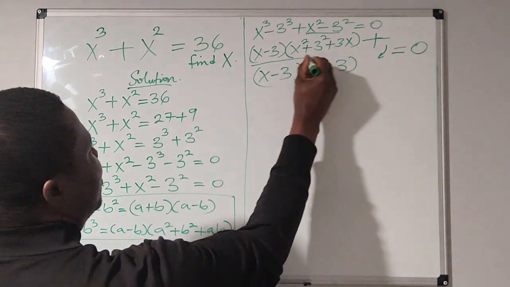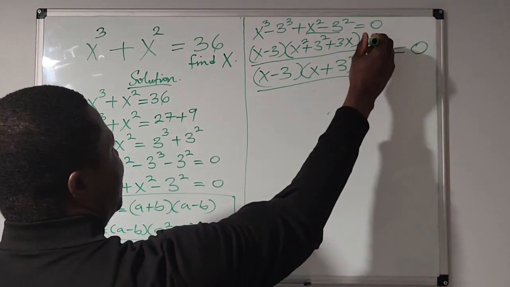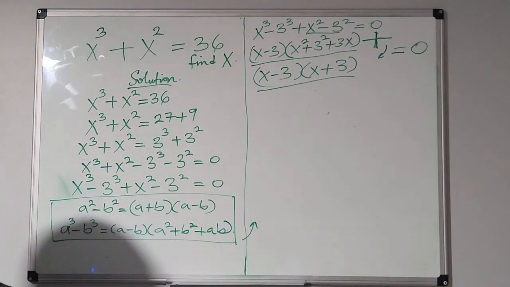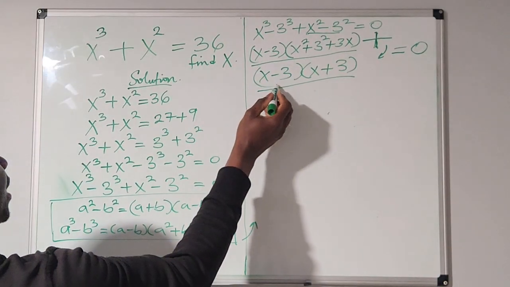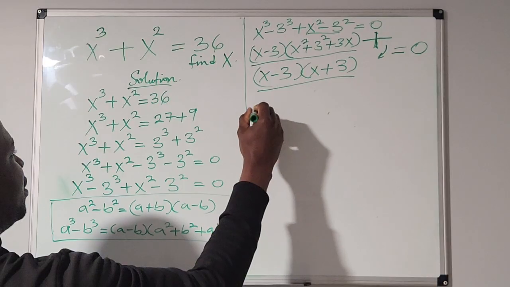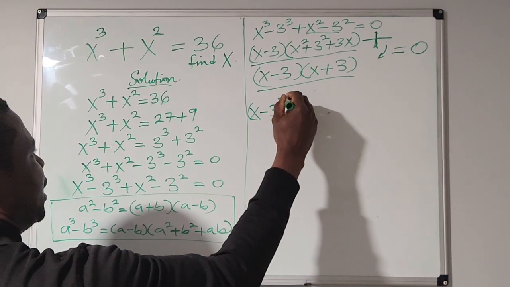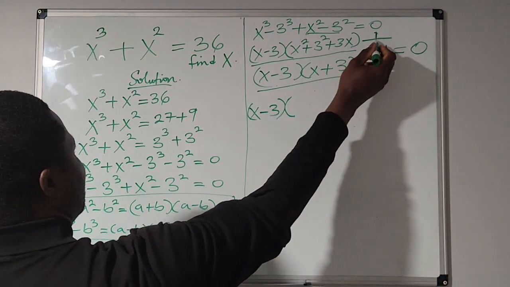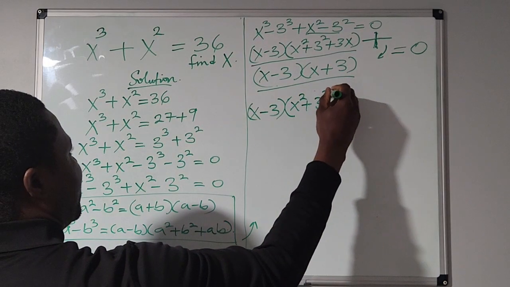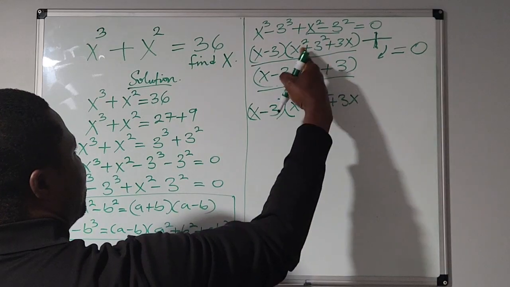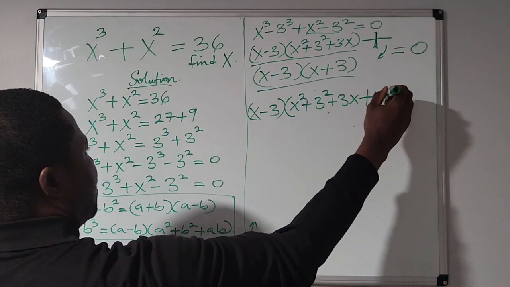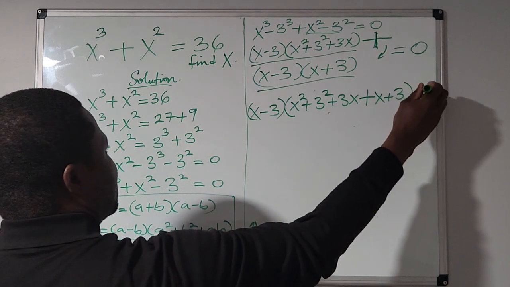So we can see that all these are together and all these are together, and then there's just this positive sign separating them. So we can look for like terms. We can see x minus 3 on this side, and that is our common term. So we take that one out and then add up all the other ones because of this positive sign. So it becomes (x squared plus 3 squared plus 3x, which is what we have here, plus x plus 3) equals 0.